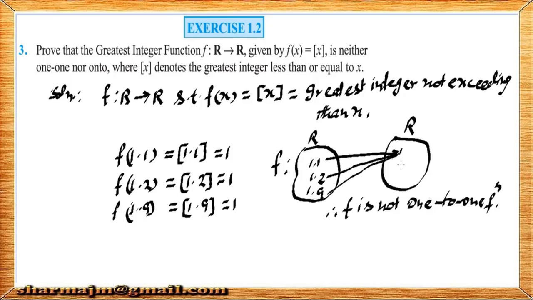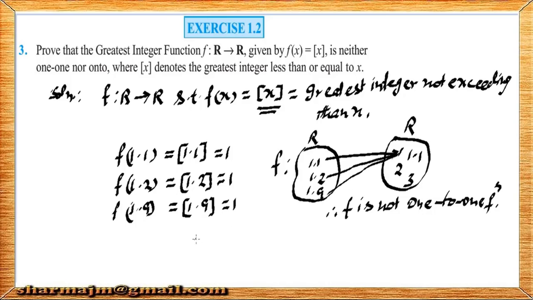Now here we will check this function for onto. So you have on right hand side 1 and then you will have 2 and then 3, because range of this function will only be integers. So here if you have 1.1, then its pre-image does not exist.